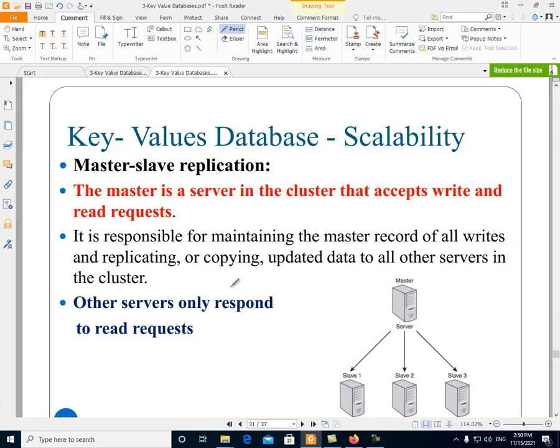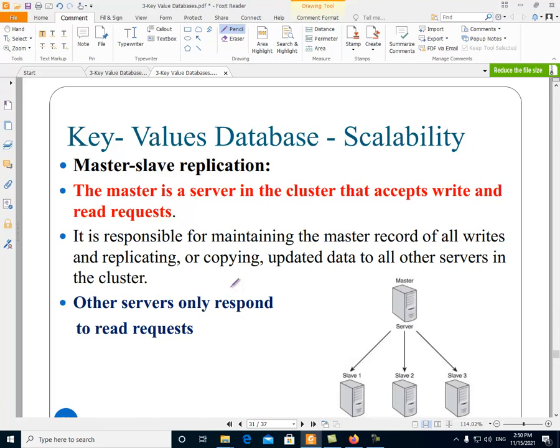And the master is responsible for maintaining the master record of all the write operations and the replicating or copying. All of the data about the operations that is done in the cluster is stored in the master server. And the other servers are doing only the read requests, the read operations.